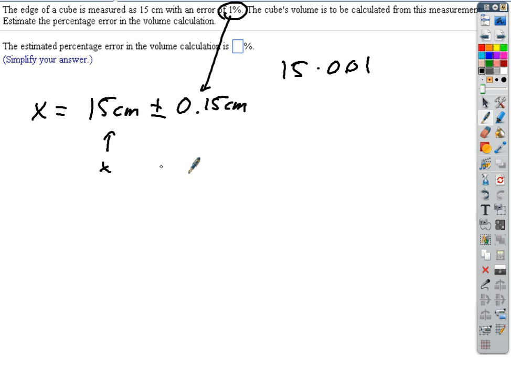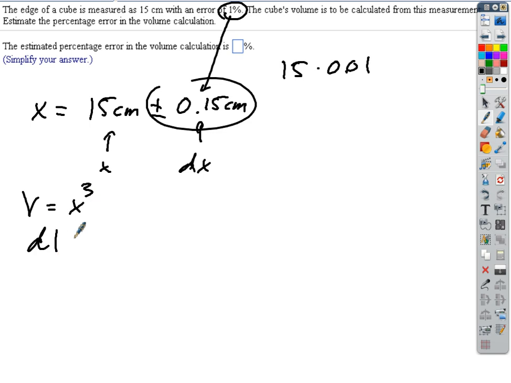Okay? So then if V is x cubed, dV is just 3x squared dx, right? And what we're trying to find here is the percentage error. That's a relative error. So we want dV over V. We want the error in volume as a fraction of the whole volume.